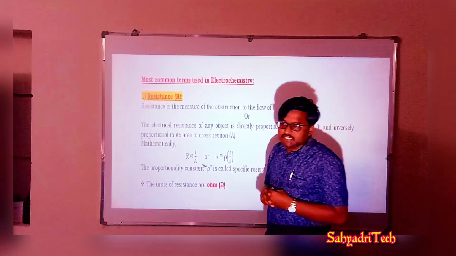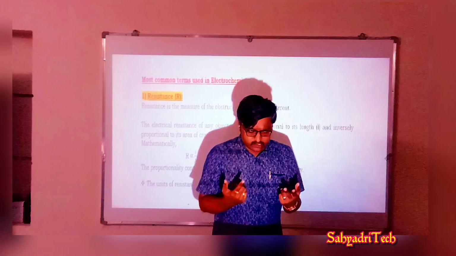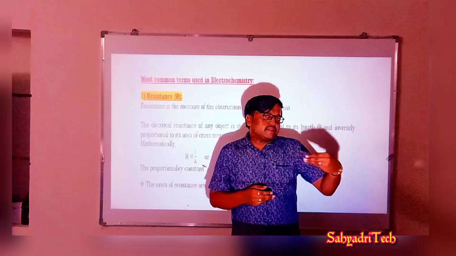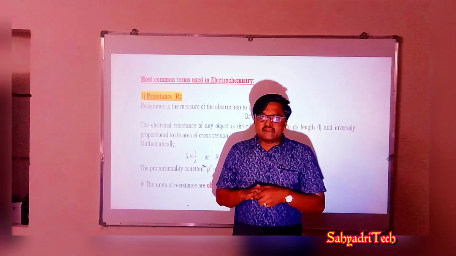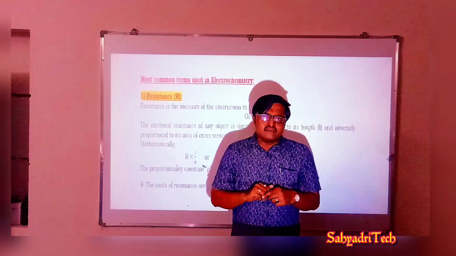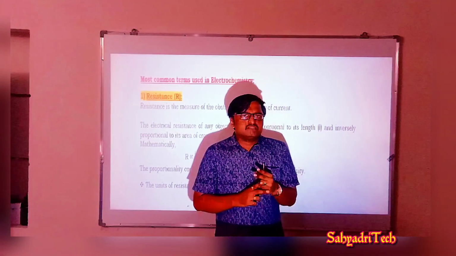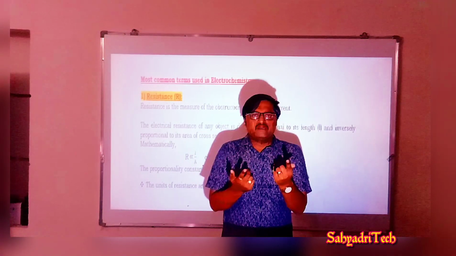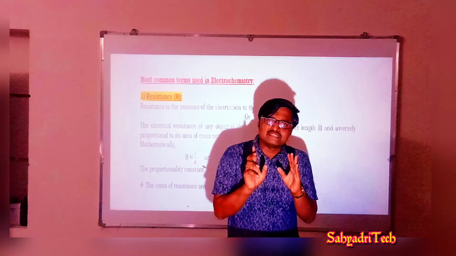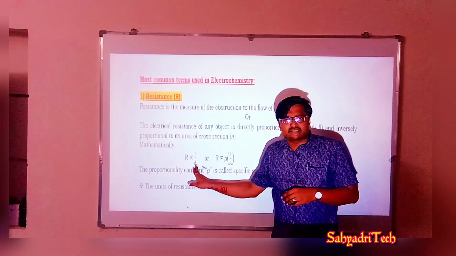They are directly related. For example, we have two conducting wires, say two copper wires. One is of 10-meter length, another is of 15-meter length, of the same area of cross section, say 0.9 nanometer. Both have the same area of cross section.